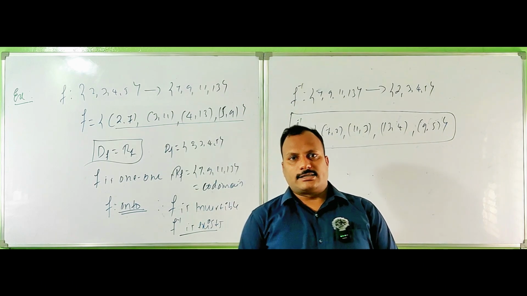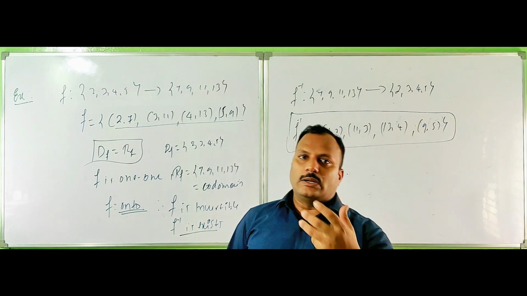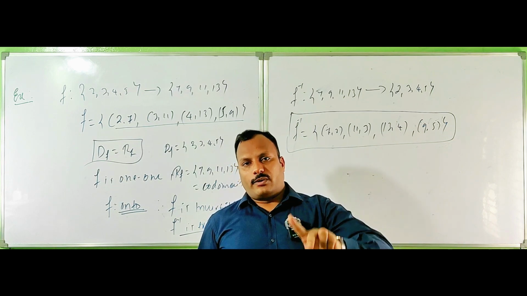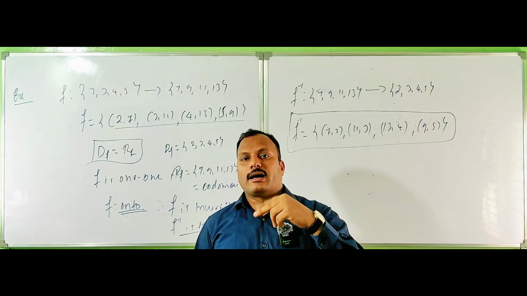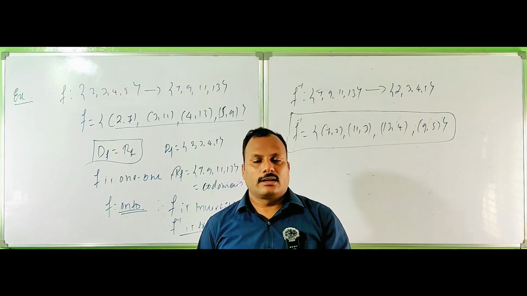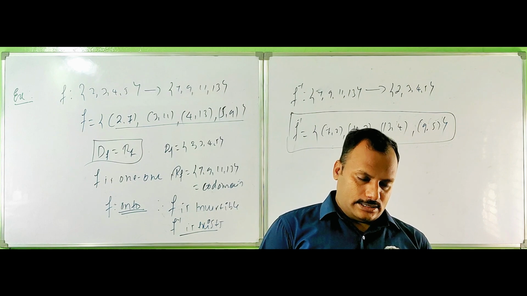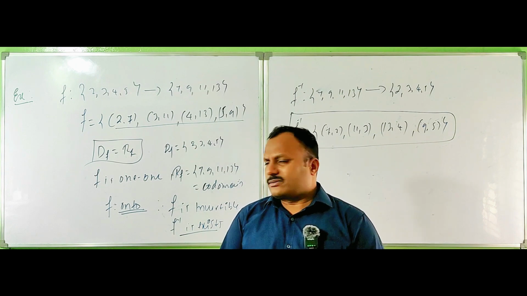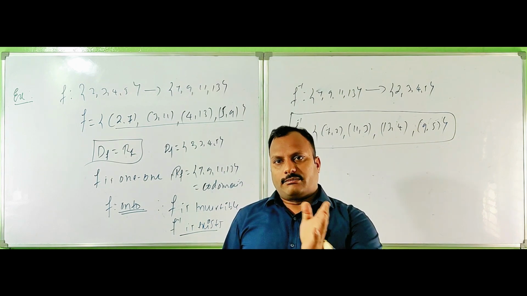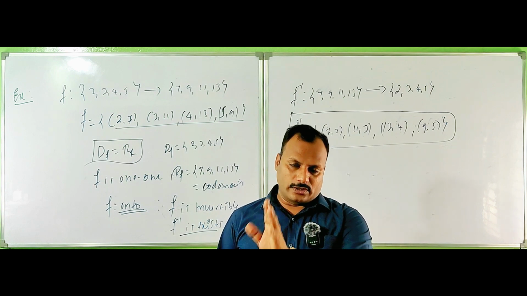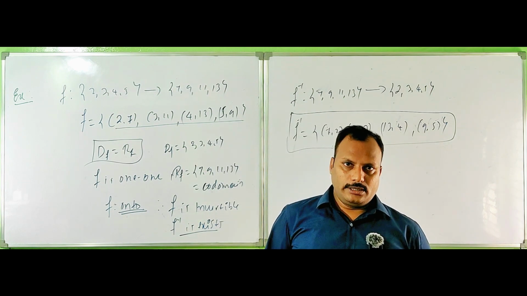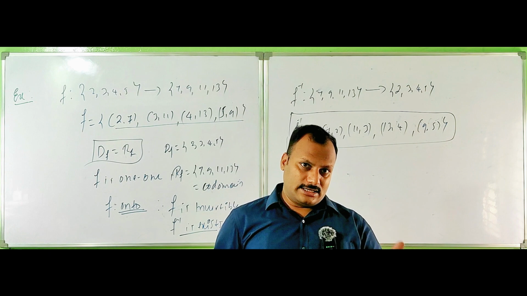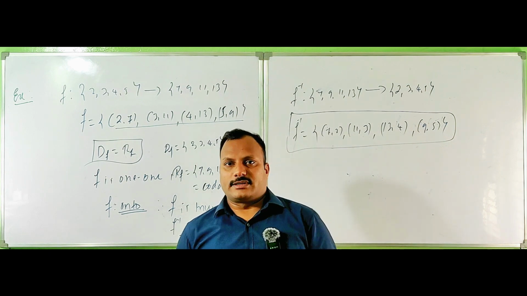What we did today is invertible function, or inverse function. The main condition is that the function should be 1-1 from domain to range, and onto, so the range should be equal to the codomain. Then it is invertible. The other properties: the domain of the function becomes the range of the inverse function, and the range of the function becomes the domain of the inverse function.